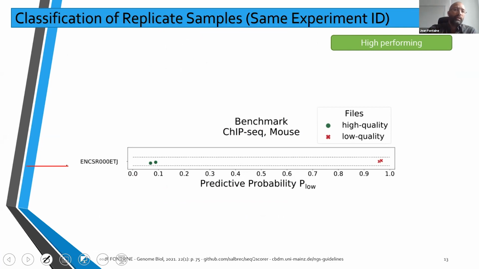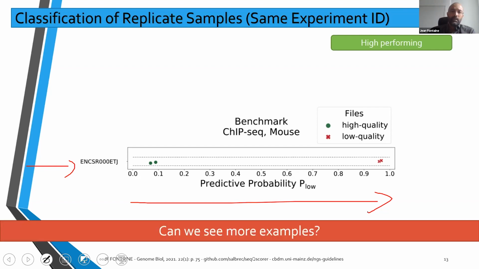So here, this is one experiment extracted from ENCODE, and the points and the crosses are NGS files. And the color is because of this manual annotation in ENCODE. And here, the x-axis is actually the predictive probability, the output of our model. And here we see this working perfectly.